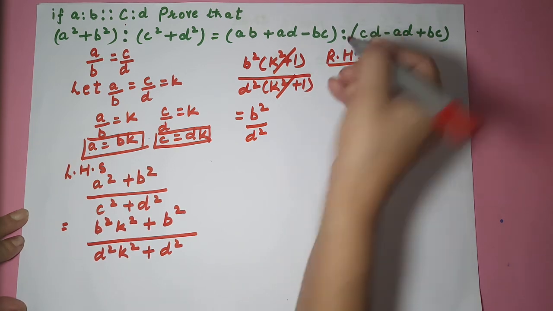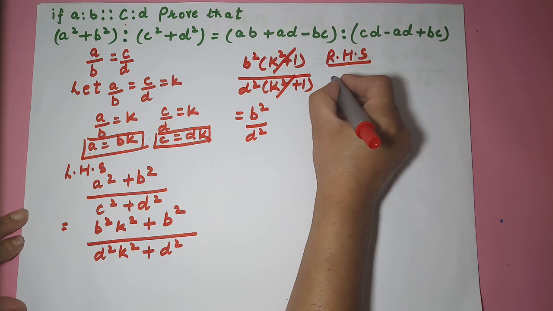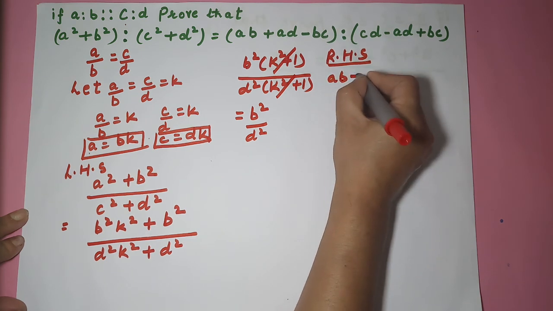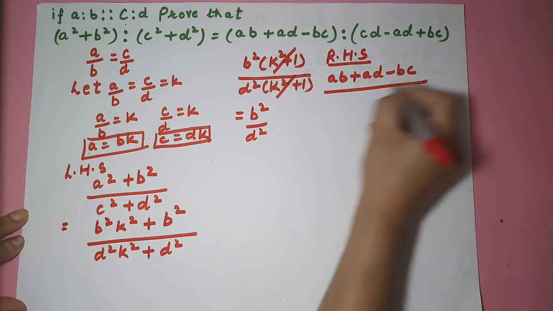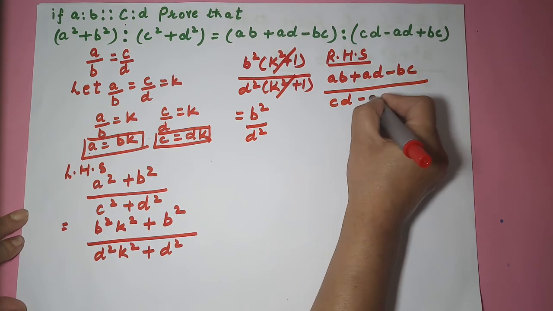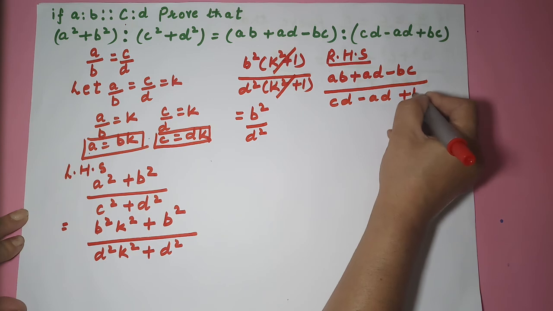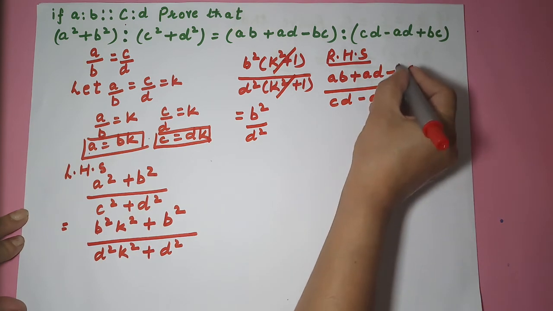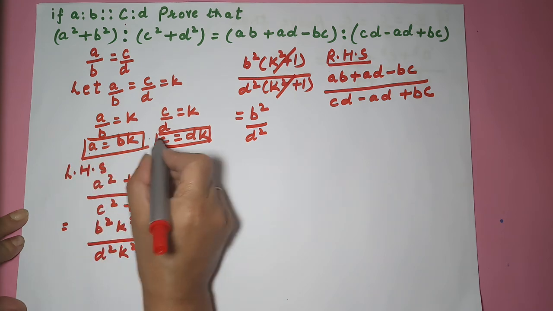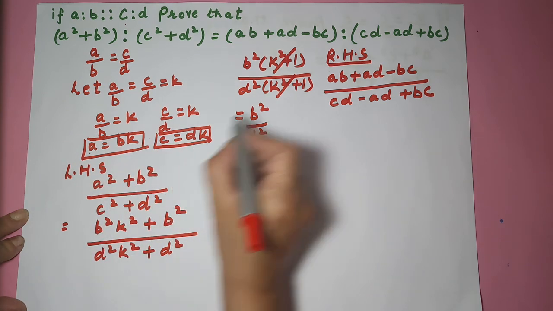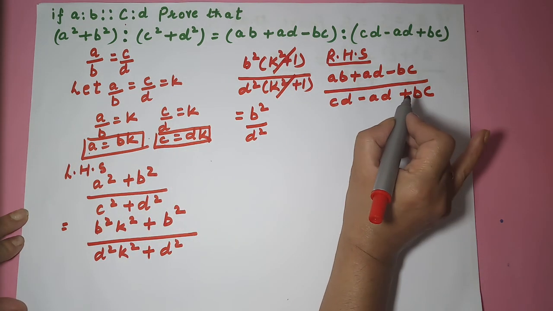I have solved this. So let me check the right hand side portion now. Right? Now I will write the right hand side portion. So what is that? I'll write that first. AB plus AD minus BC divided by CD minus AD plus BC. So I know now I have to only replace the values of A and C as BK and DK. Rest all other terms I don't have to touch.